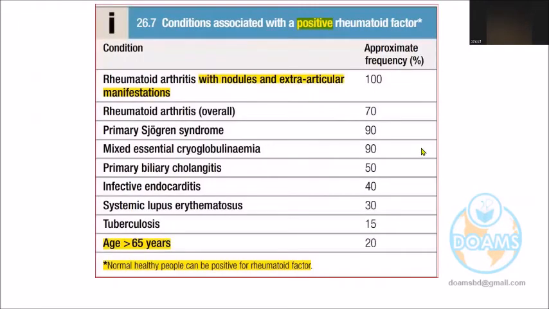What are the fallacies of this test? Especially for the positive rheumatoid factor, if without clinical presentations, we shouldn't go for rheumatoid factor test. It will confuse us. In normal healthy people also, rheumatoid factor may be positive.